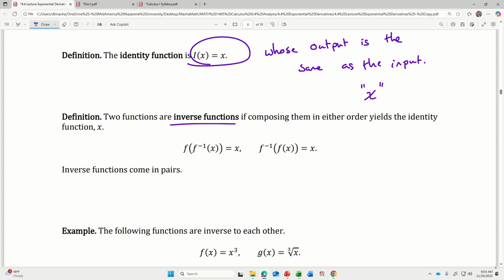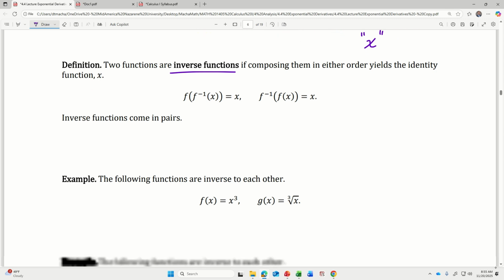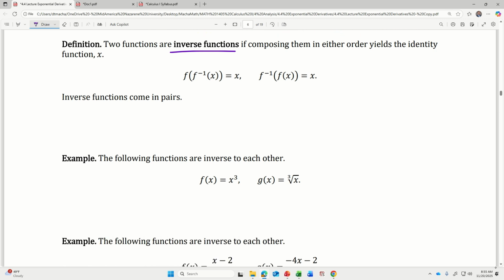Inverse functions come in pairs, which means the relationship works both ways. If f is the inverse of g, then g is the inverse of f. It's just like, you know, my brother's name is Jeff, so I could say Jeff is my brother, and Jeff could say Drew is my brother. It's a two-way street.